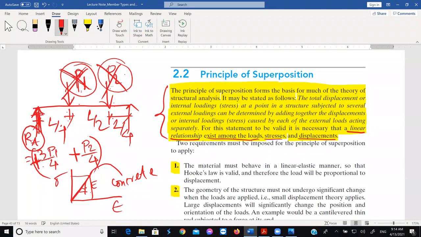We can plot the force-displacement response, the moment-rotation response, and also the stress-strain response. So here we can relate stress with strain, moment with rotation, force with displacement. So a linear relationship between them exists.